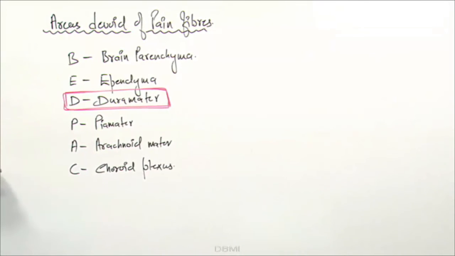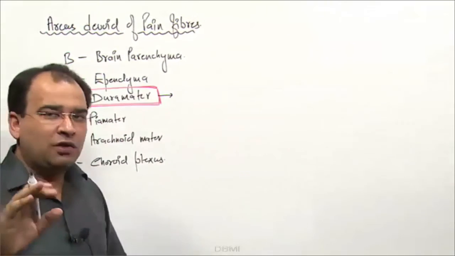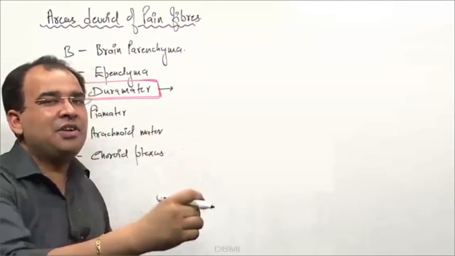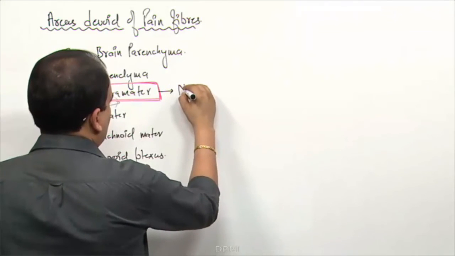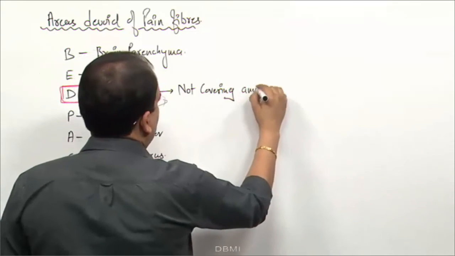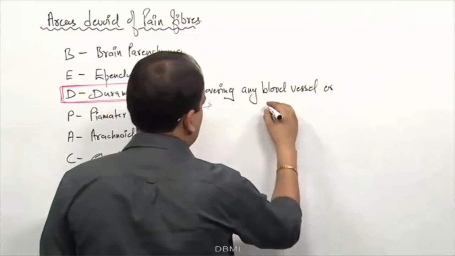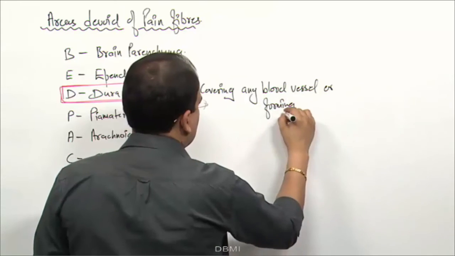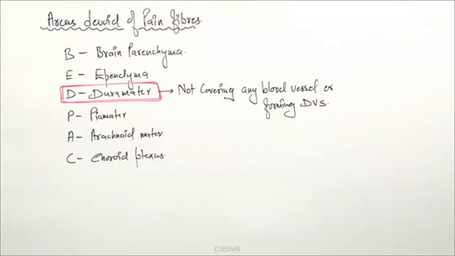How can it be devoid of pain fibers? Only that part of the dura mater which is not covering any blood vessel or forming a dural venous sinus is devoid of pain fibers.